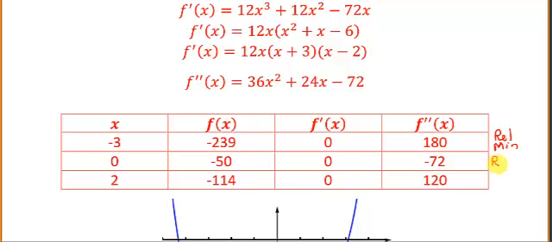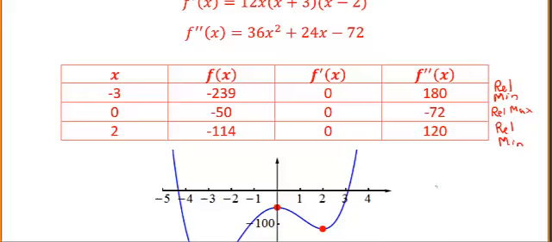We already saw a relative max at 0, because the second derivative was negative. Here the second derivative is positive at 2, so we have a relative min. Again, notice at -3 and 2 the second derivative is positive, so we're concave up.